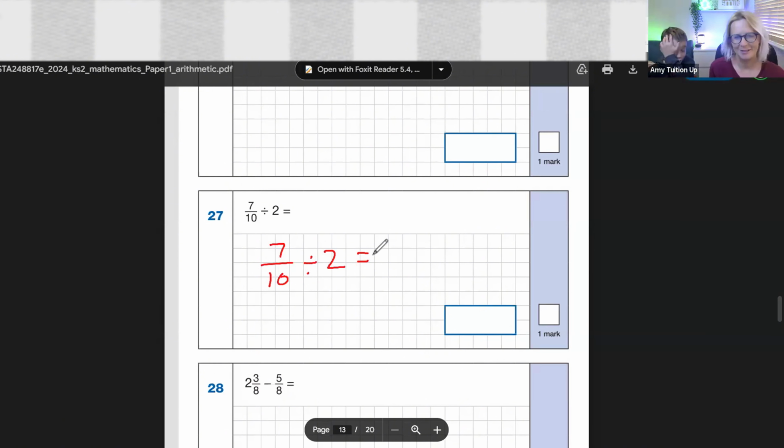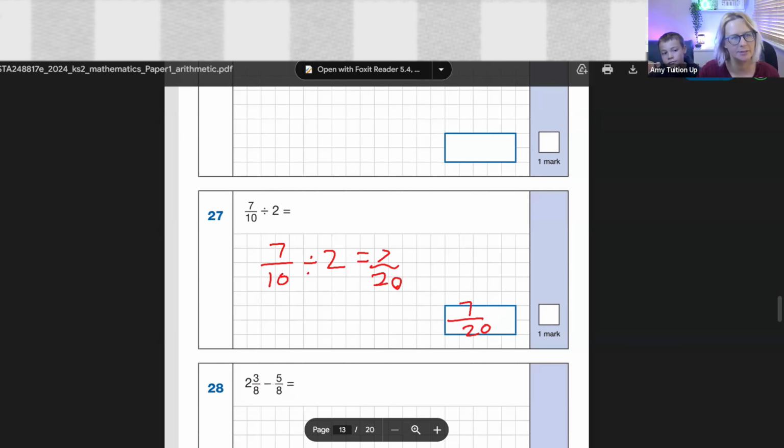But if you're making it smaller, dividing by 2 for instance, you'd have to multiply the denominator by 2. So that means it'll become 20. So 7 over 20, which cannot be simplified. So that's the answer, yeah?